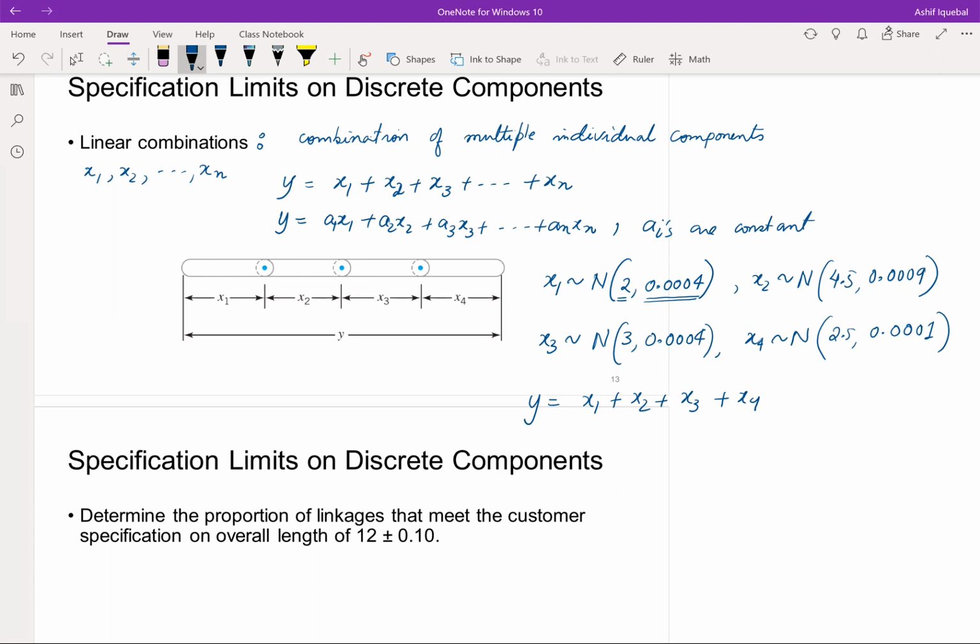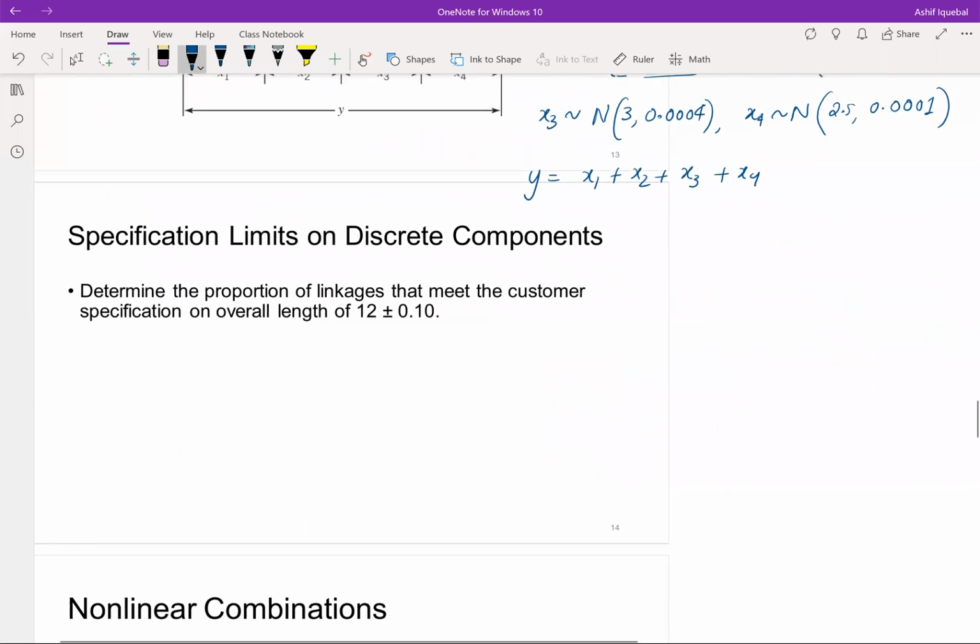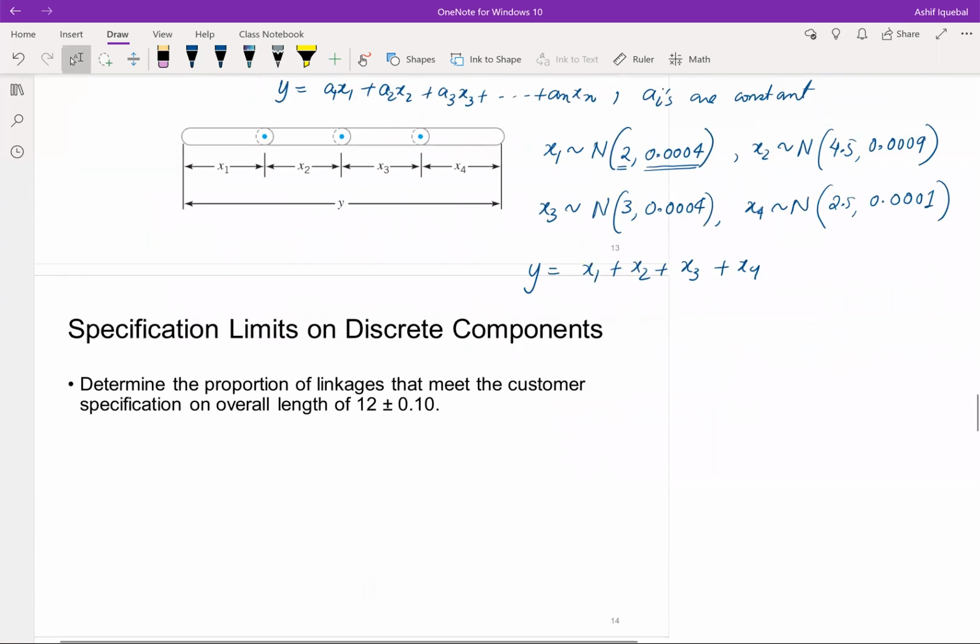Okay, so once we have y, let's try to solve this question. The question is, determine the proportion of linkages that meet the customer specification on the overall length of 12 plus or minus 0.10.